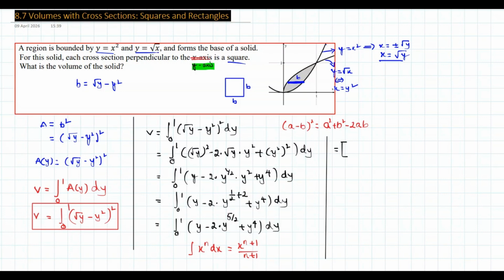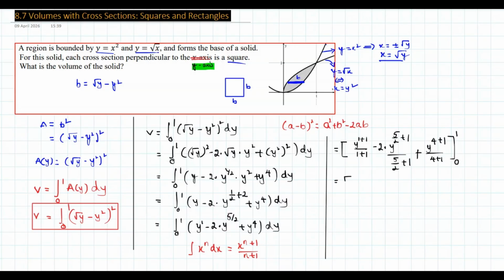The integration of y with respect to y is y to the power 1 plus 1 over 1 plus 1, minus 2 times the constant, and the integration of y to the power 5/2 is y to the power 5/2 plus 1 over 5/2 plus 1, plus the integration of y to the power 4, which is y to the power 4 plus 1 over 4 plus 1, and the limits are 0 to 1.